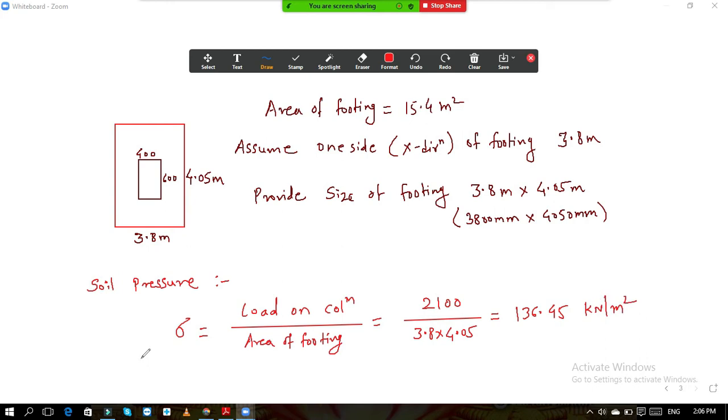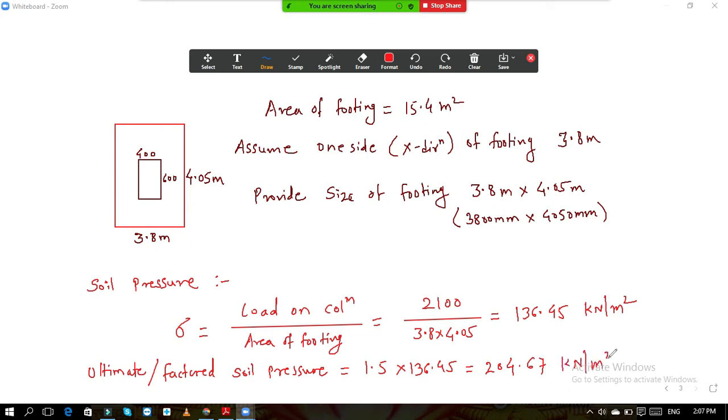And here you can write ultimate or factored soil pressure intensity is equal to 1.5 into 136.45. What is the answer? 204.67 kilonewton per meter square. Depth of the footing. Now we will calculate the depth.